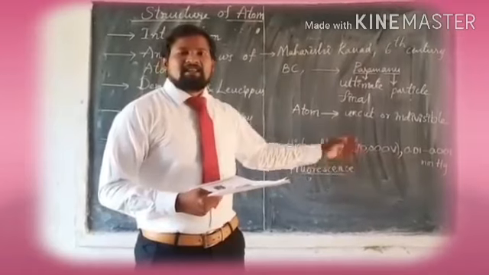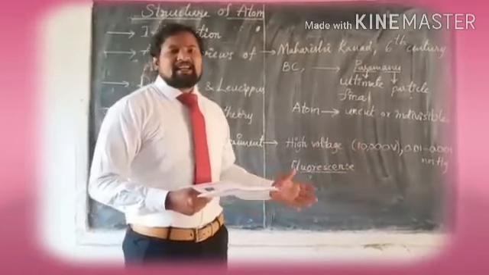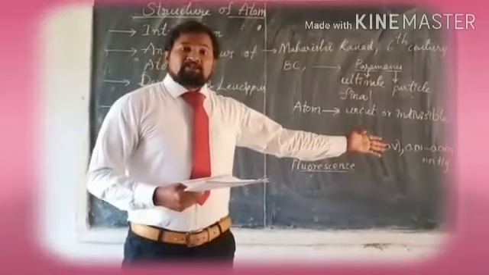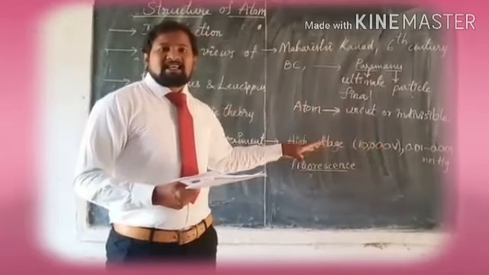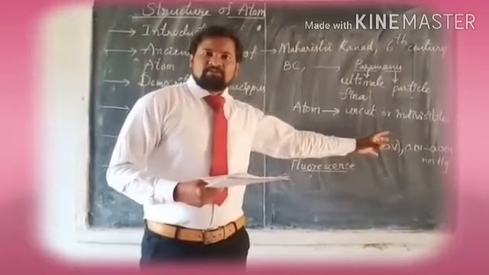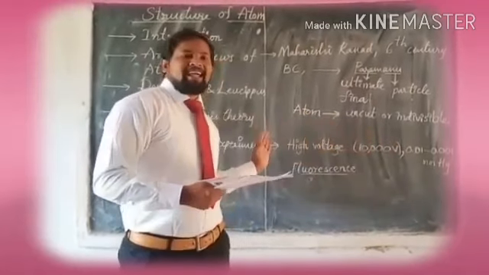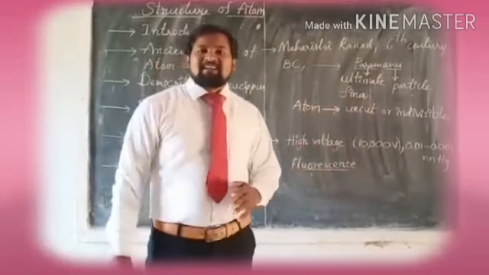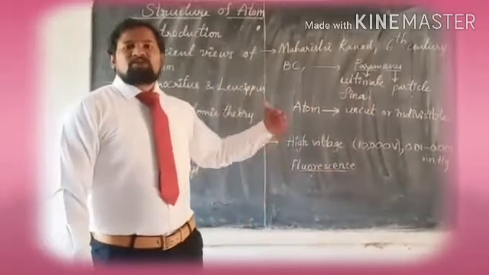This is fluorescence. And in this discharge tube experiment, a beam of light rays was noticed passing from cathode to anode. Those rays were given a name, cathode rays.